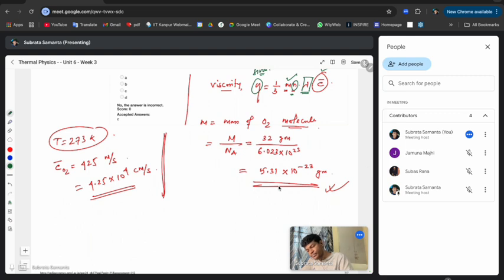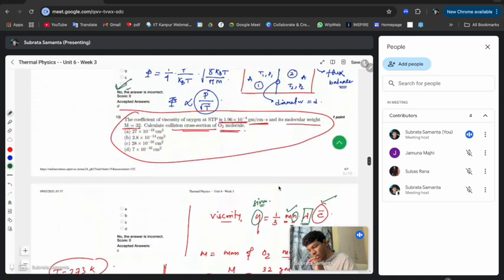So n is the number density, which is basically P over kBT, the pressure over kBT. They are using STP, so standard pressure.